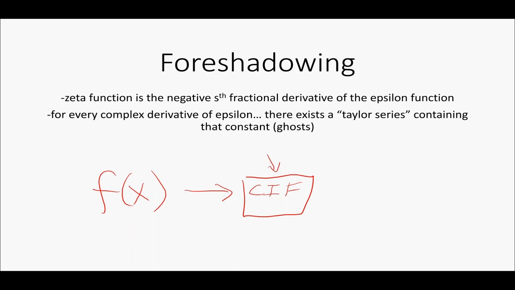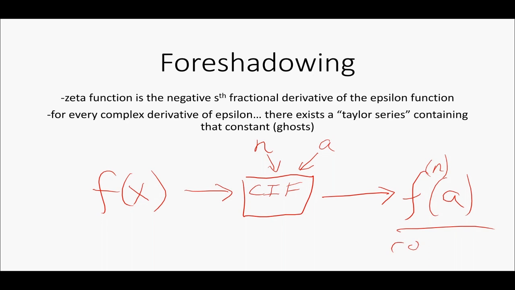And I'm also going to put in an index of what I want, n. We also have to input a point that we're looking for, like an a. And what pops out is the nth derivative of that function at a, f^(n)(a). And this is just a constant. This constant exists.